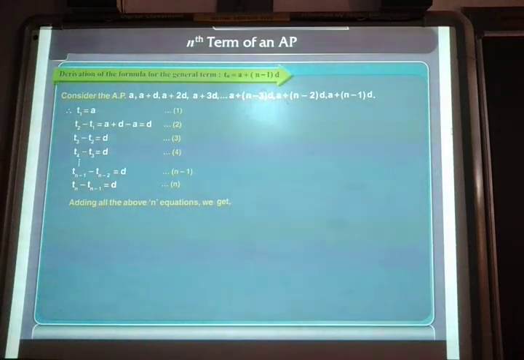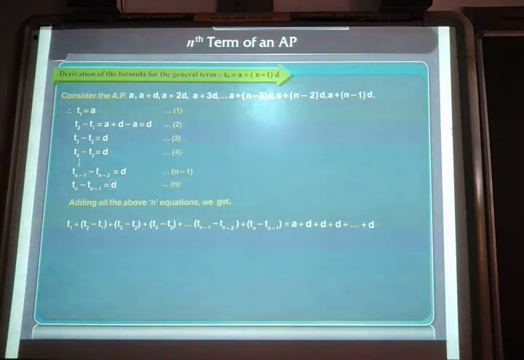Adding all the equations we get T1 plus T2 minus T1 plus T3 minus T2 plus T4 minus T3 plus so on up to plus Tn minus 1 minus Tn minus 2 plus Tn minus Tn minus 1 is equal to a plus d plus d plus so on up to plus d.